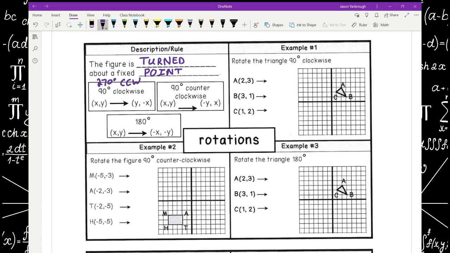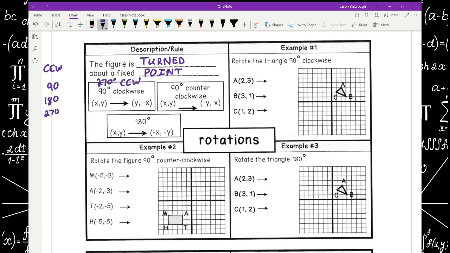Okay. If we don't ignore the zero on this, and we look at these, we've got 90, 180, and 270. And I'm going to focus with this as counterclockwise because that is the normal situation.